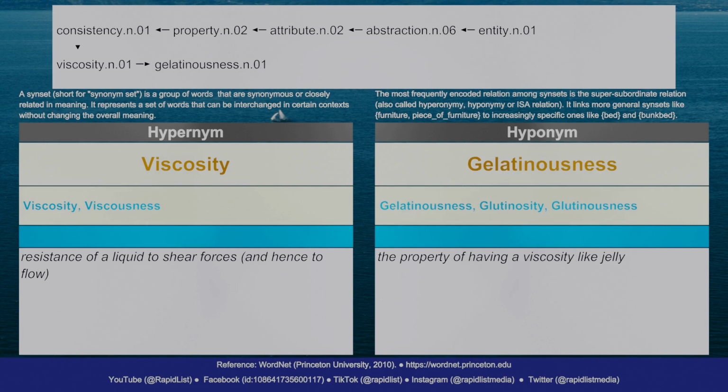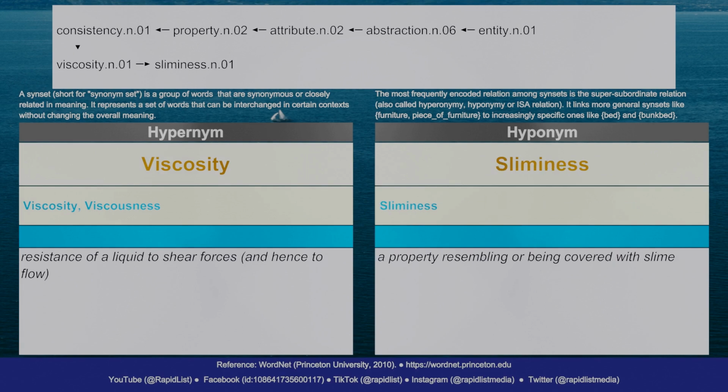Gelatinousness. The property of having a viscosity like jelly. Sliminess. The property resembling or being covered with slime. Stickiness.